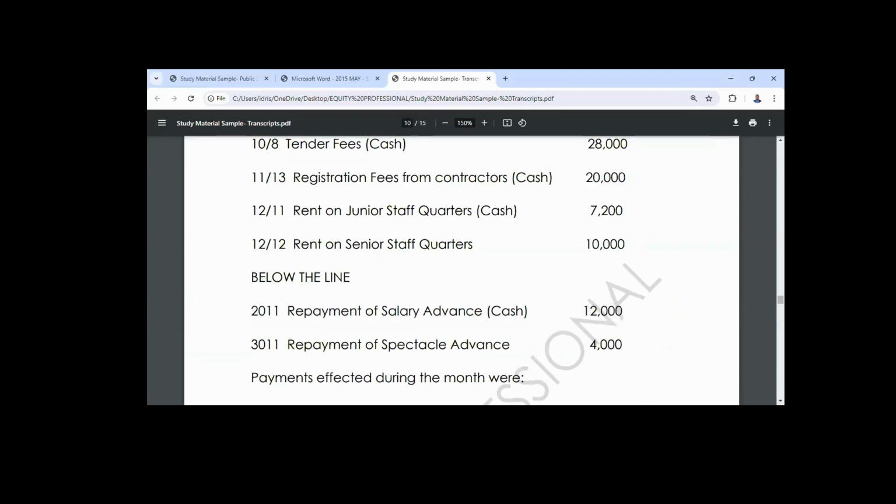Below the line revenue: repayment of salary advance, repayment of spectacle advance.